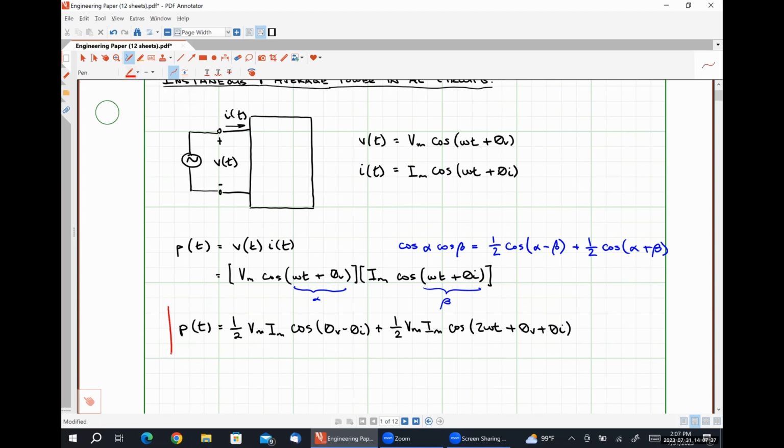So I'm going to put a box around this guy right here. This is one of those important equations where if you remember practically any relationship from today's lecture, please let it be this one. Let me explain why. This particular instantaneous power relationship is applicable for literally any two-terminal electrical network.